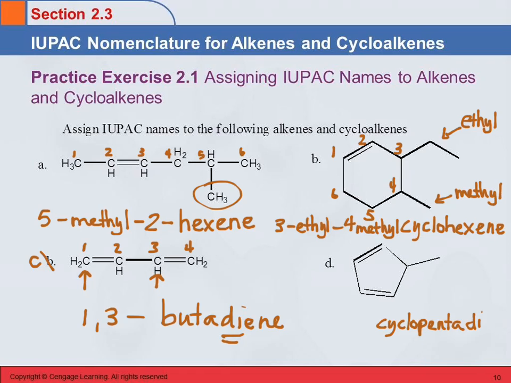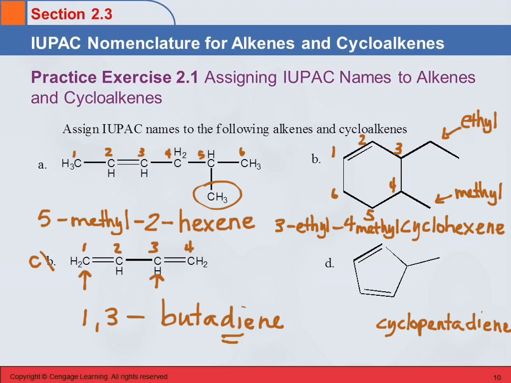Cyclopentadiene. Now we have to decide how to number this guy. Oh great, the answer they gave in the book is wrong. They left off the cyclo. Good grief. Not that I don't make mistakes too, because I definitely do.